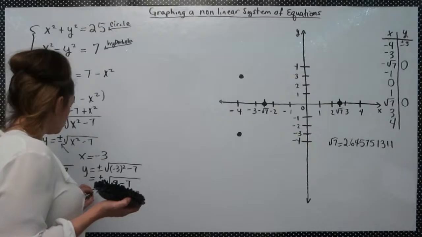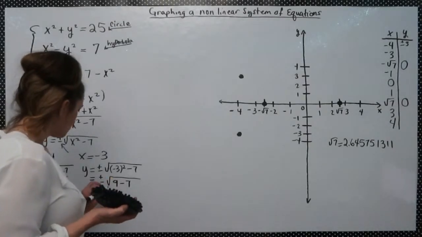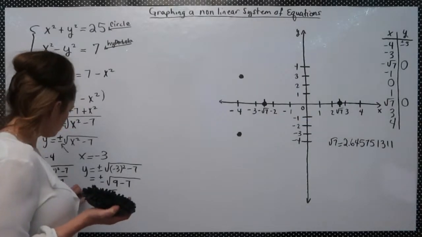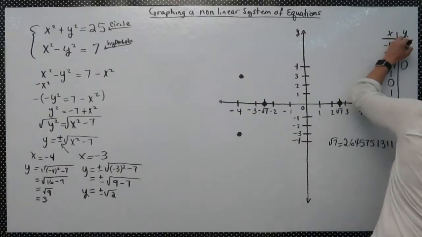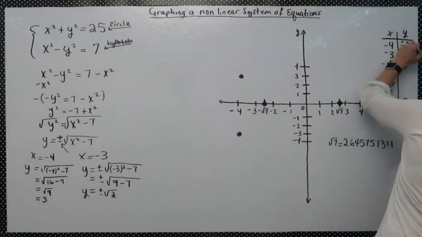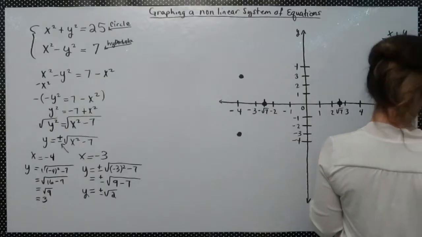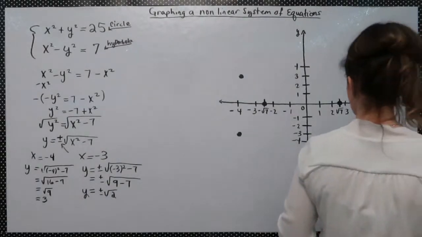So that is going to be plus or minus radical 2, it looks like. 9 minus 7 is 2. So at -3, we've got plus or minus radical 2. And radical 2 is 1 point something, 1.4142.